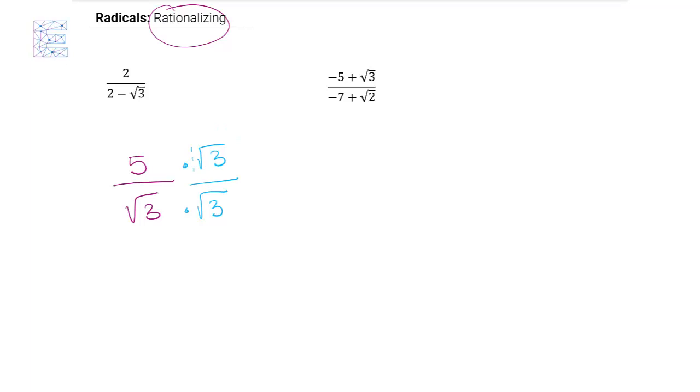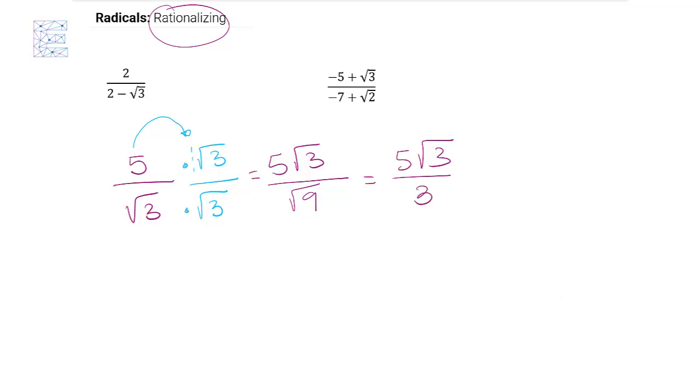And just to remind you, when you're multiplying radicals, you can only multiply whole numbers. So 5 times 1 would be 5, and then root 3. On the denominator, we have root 3 times root 3, which is root 9. But then we know that 9 is a perfect square. So the square root of 9 is simply 3.